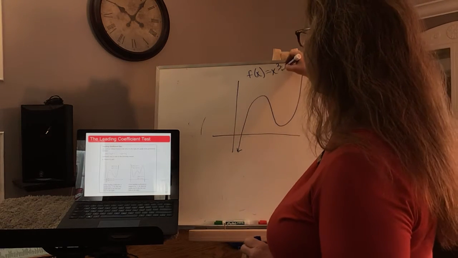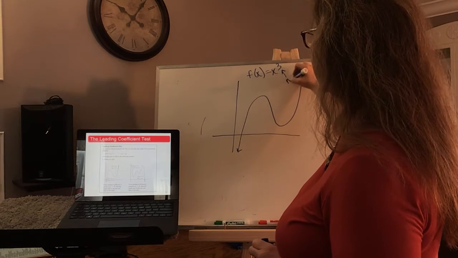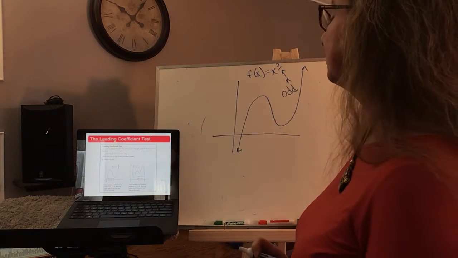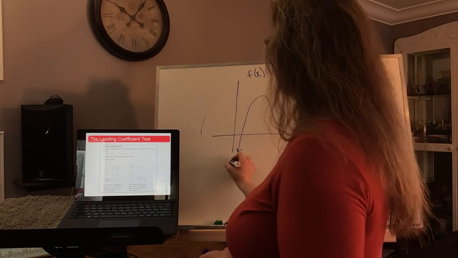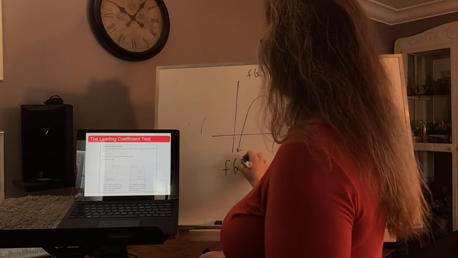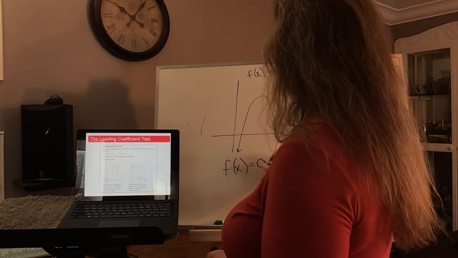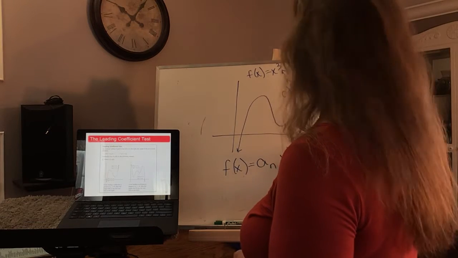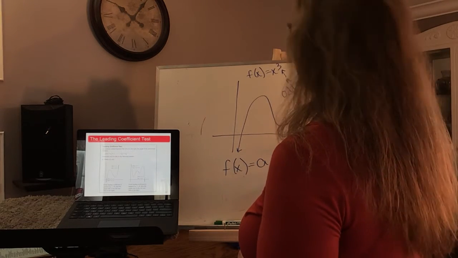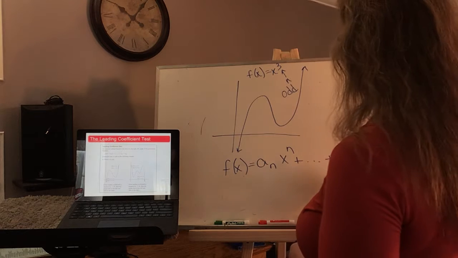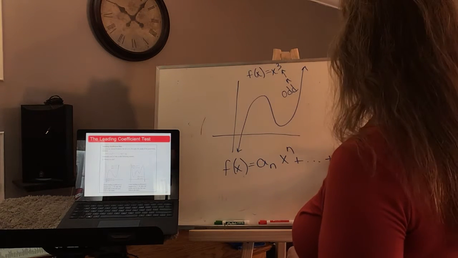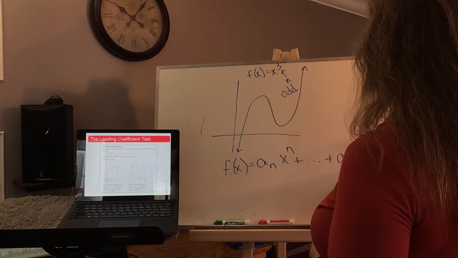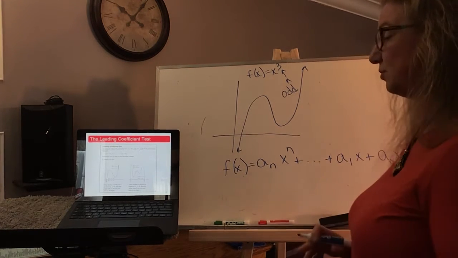So when n is odd, that's the situation we're talking about. And just a reminder, our general equation for functions is a sub n x to the n, down to a sub 1 x plus a sub 0 x to the 0. So that's kind of our general format.